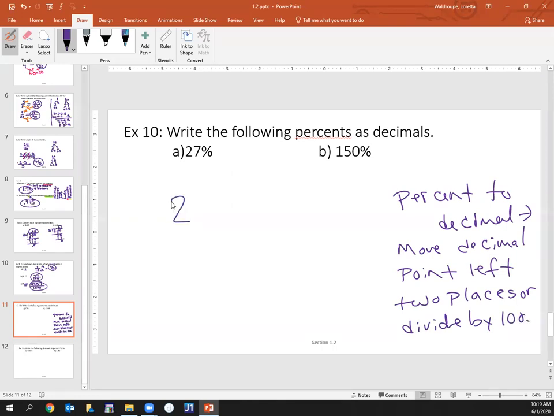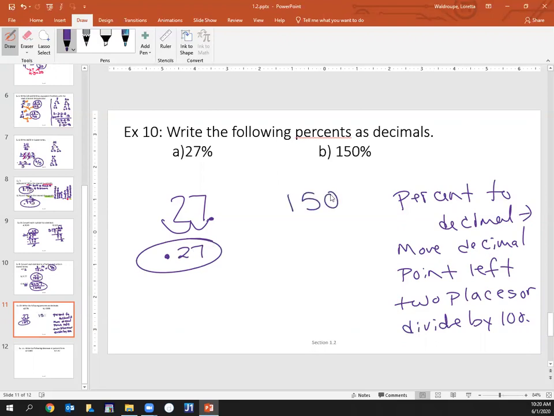So here I have 27. There's no decimal point there, so it's understood to be over here on the far right side. If I move it 2 decimal places left, I get 0.27.